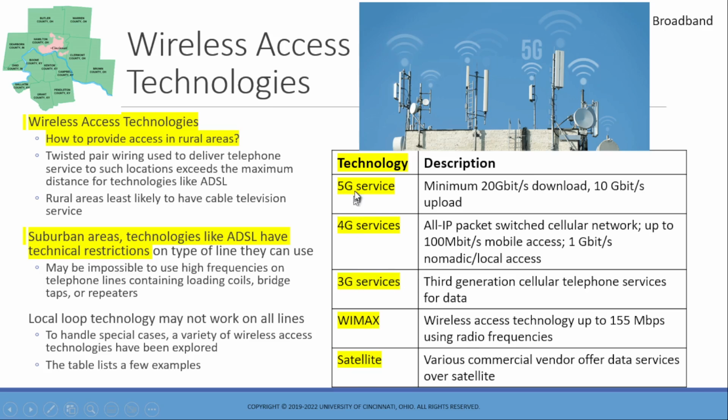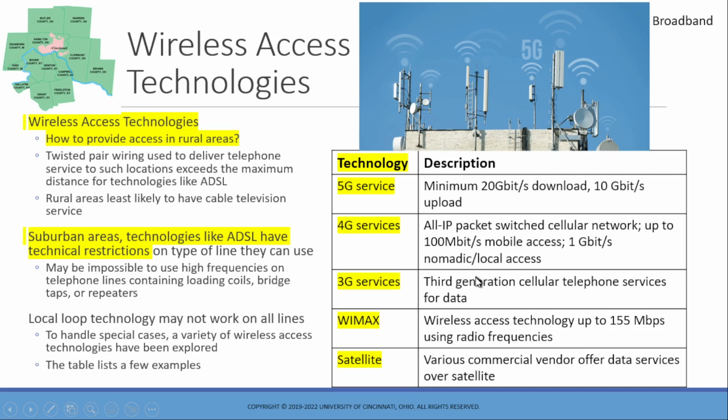Then 3G, 4G, and 5G, these are typically cell phone connections, right? 3G phone service really is not used much anymore. Most of our cell phones connect either using 4G or 5G. We're going to talk about cell phone technology in a different module.